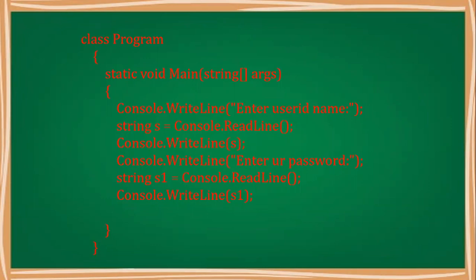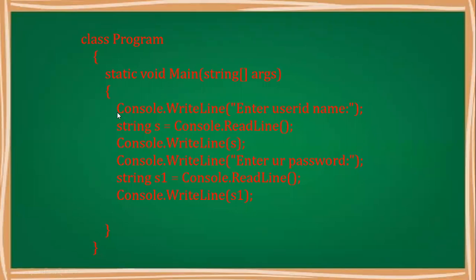After that line, we have created the string variable, string s equal to Console.ReadLine. This Console.ReadLine will read the input from the user. It will wait for the user to enter something. After the user enters it, Console.ReadLine will read the input given by the user, and that value is directly assigned to the string variable s.